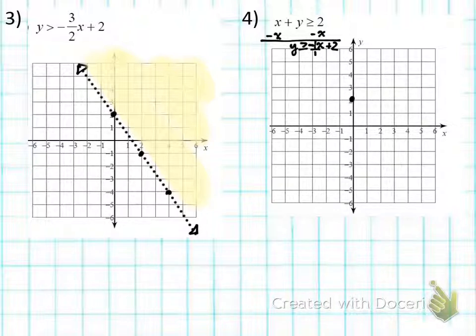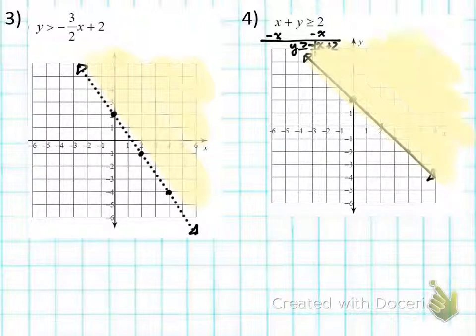Go. Slope is negative 1 over 1, so it should have a line like that, and it's shaded above, right? Makes sense? How come the dots keep going down? Because it's negative?